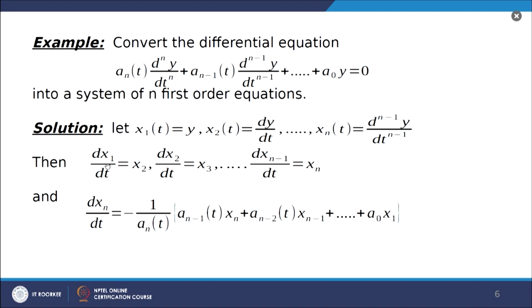So, we get n equations of first order: dx_1/dt equal to x_2, dx_2/dt equal to x_3, and so on, dx_{n-1}/dt equal to x_n, and the nth equation is dx_n/dt equal to minus 1 upon a_n(t), times the bracket a_{n-1}(t) x_n plus a_{n-2}(t) x_{n-1} and so on, plus a_0(t) x_1. The right hand side is a function of t and the n variables x_1, x_2, ..., x_n.